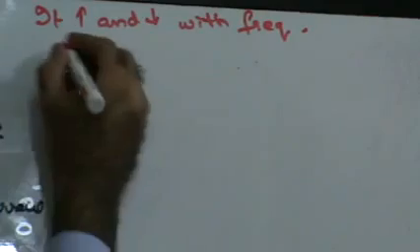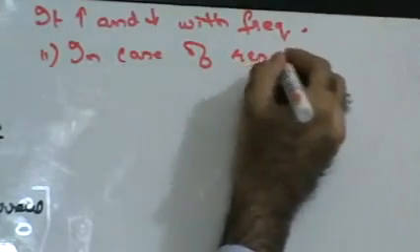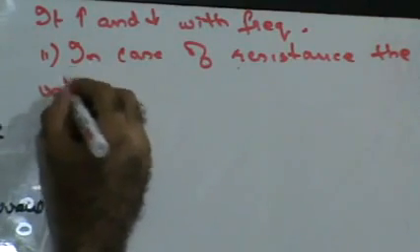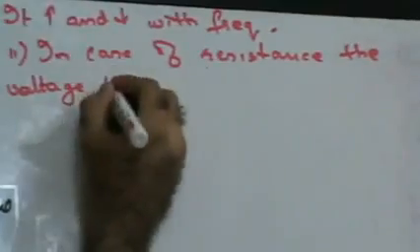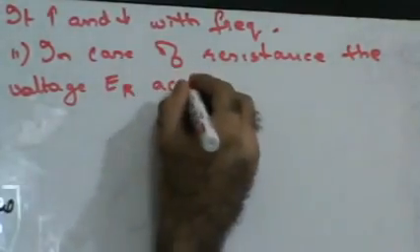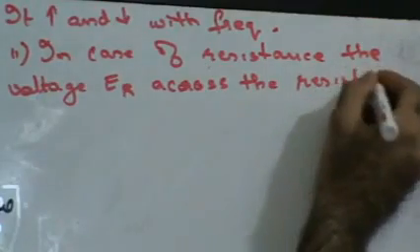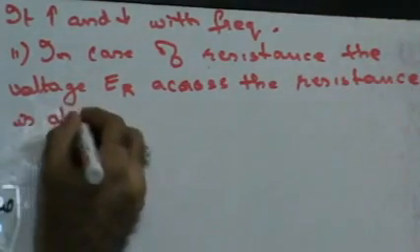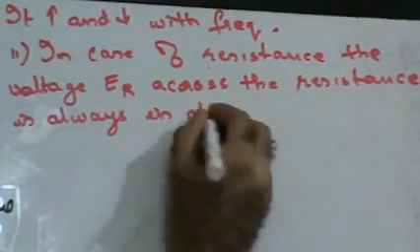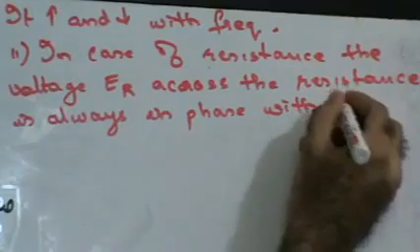Right? Next, the second point of difference is that in case of resistance, the voltage across the resistance is always in phase with the current.